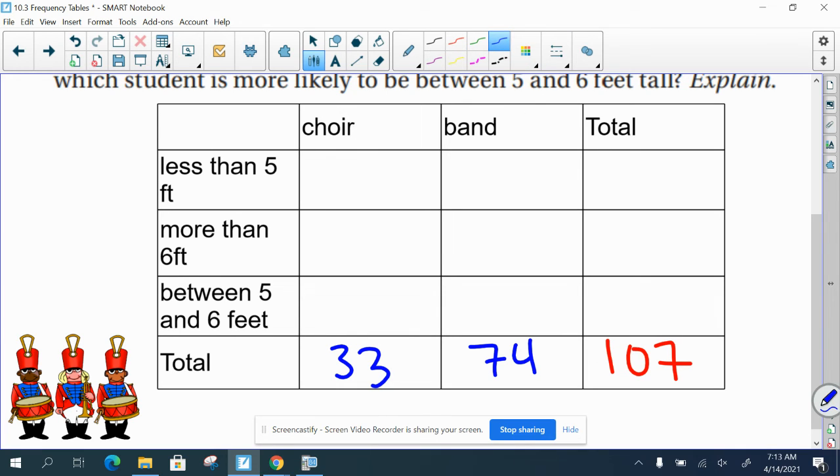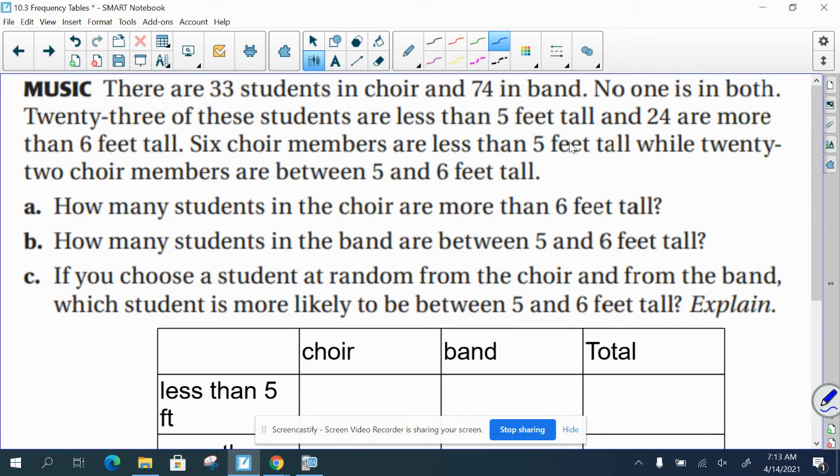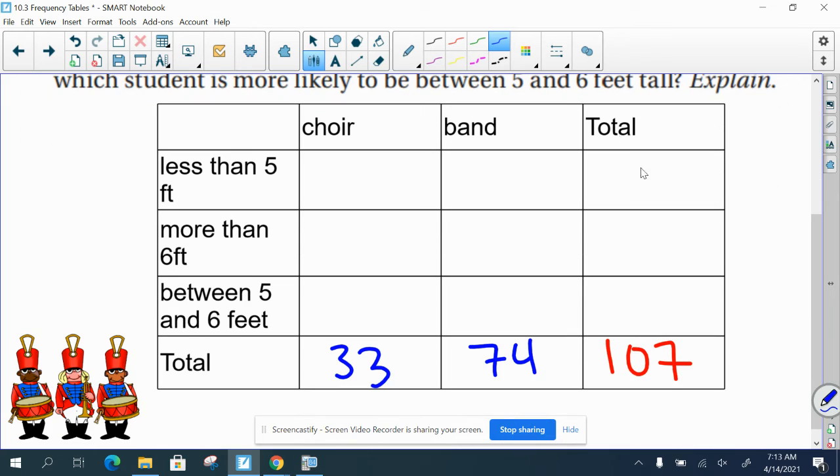I'm going to do the numbers that we conclude in a different color. All right, and then it says that no one is in both. 23 of these students are less than 5 feet tall.